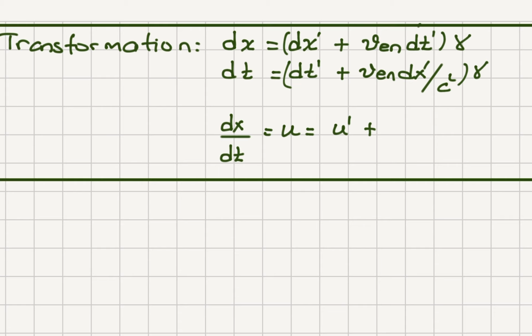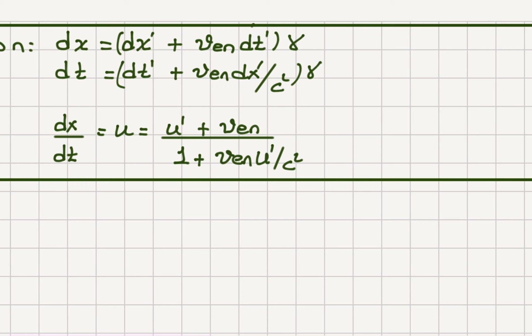we have v enemy divided by 1 plus v enemy u prime over c square. Okay, so what I do is I take this into dt prime parentheses.